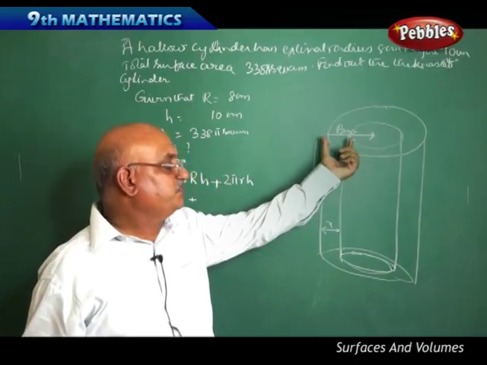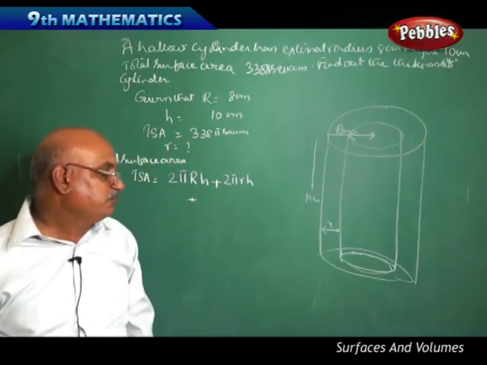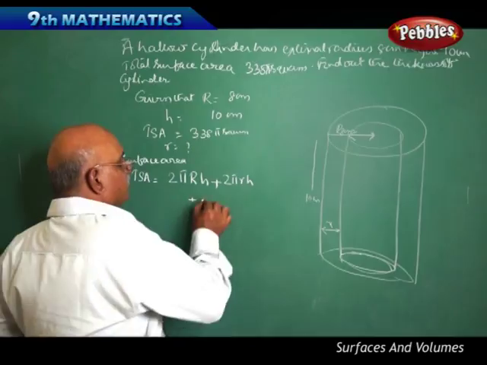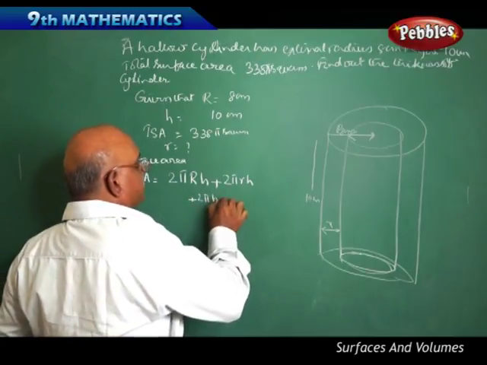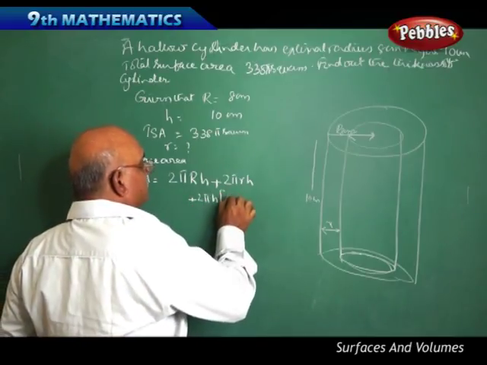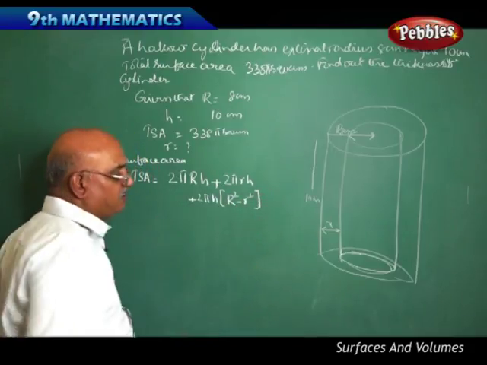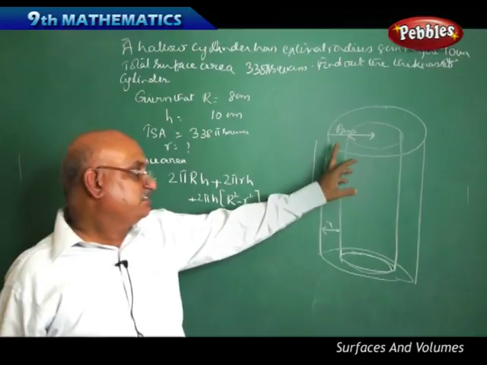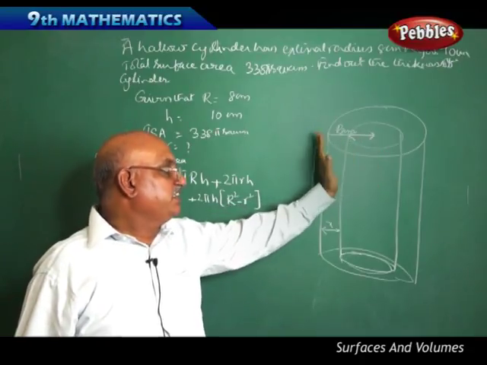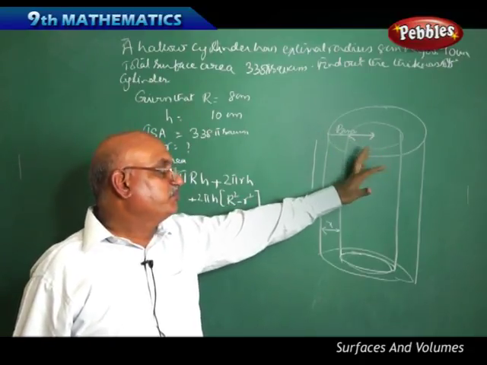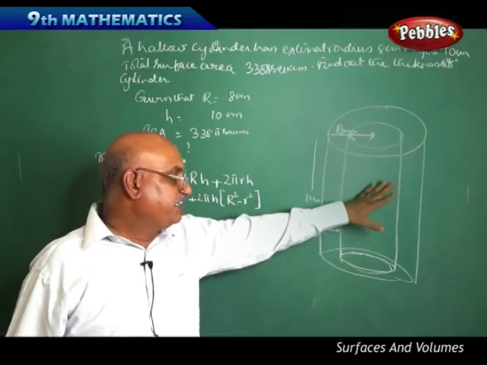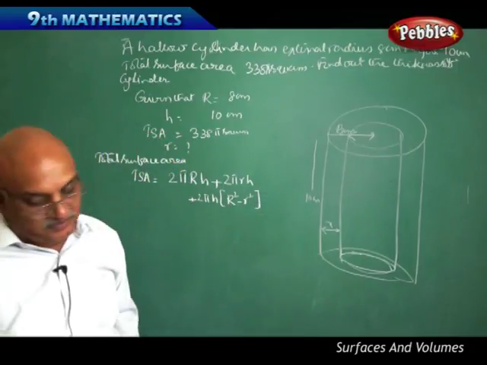If we are able to find that, then my problem is solved. Therefore 2 pi h into capital R square minus small r square. If I am able to take that, then we are going to get the difference of the internal plus external plus the remaining hollow portion.